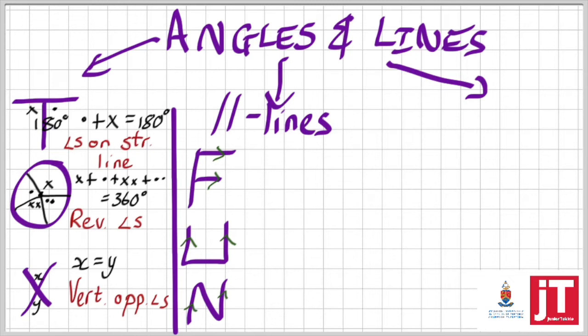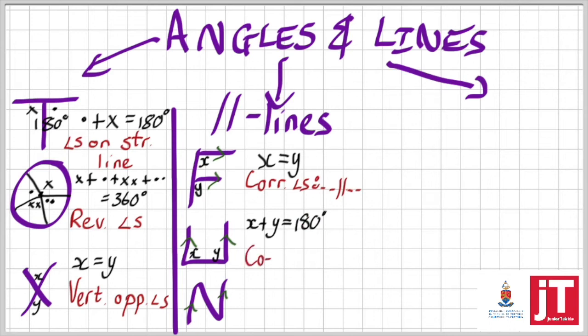So if there's an F, then X and Y are equal, and my reason is corresponding angles. But please remember to state which lines are parallel to one another. Then the U says that X plus Y must add up to 180. And again, a reason, because co-interior angles.